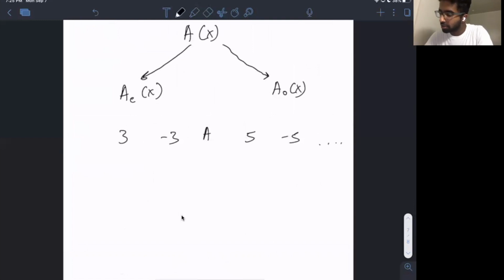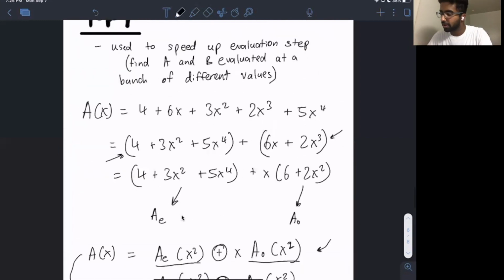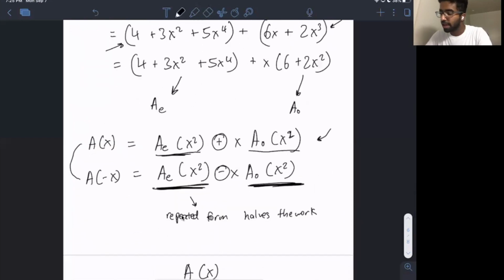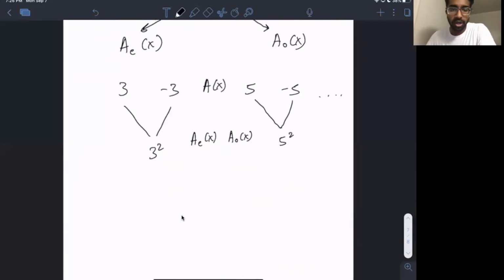And so it breaks us down. We're originally at the A of x level, and then when we go down into the A sub e level and the A sub o level, we want to look at the squared values, right? 3 squared and 5 squared, because that's what we're putting into A sub e and A sub o. So we have x squared.